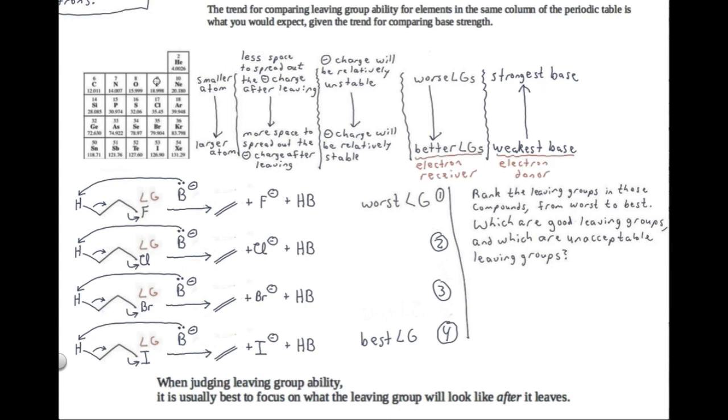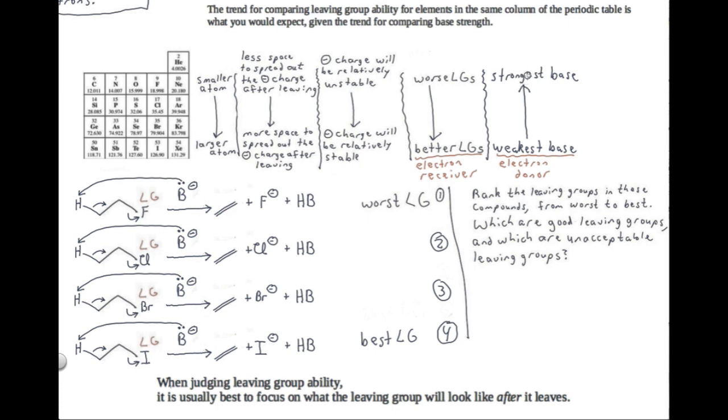Small atoms are strong bases because their negative charges are concentrated in a small area, making the negative charge relatively unstable and eager to be donated. A small atom is a strong base because its negative charge is concentrated and unstable and eager to be donated.